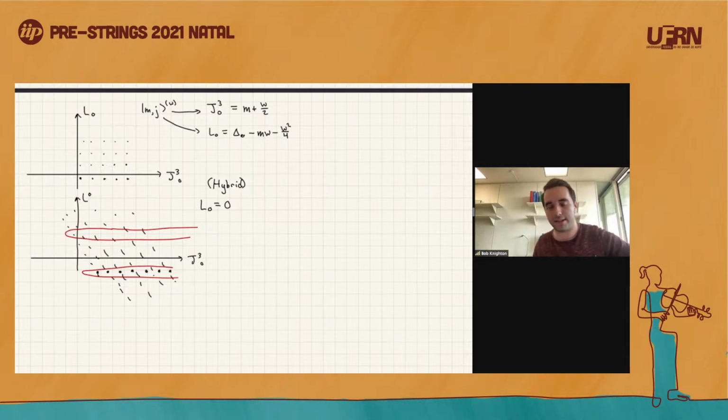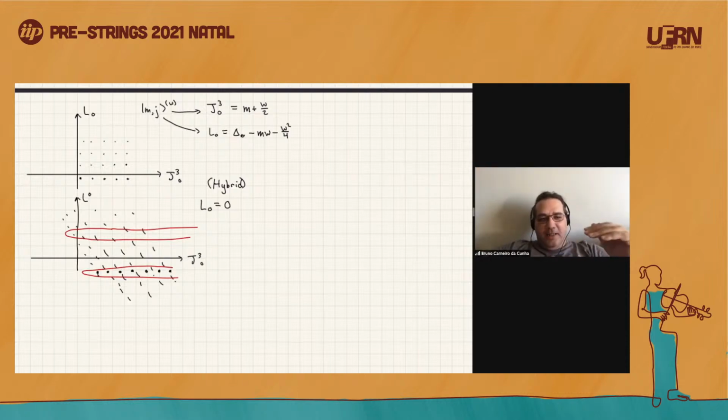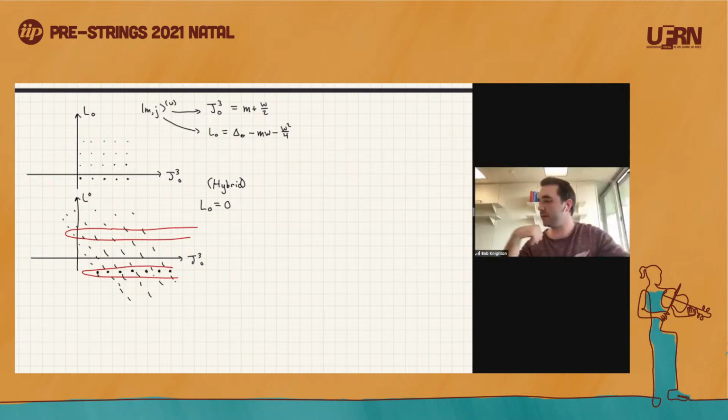Does that answer your question? Yeah, I guess if you try to construct some descendant of these negative L0 states, will they also be projected out by the physical condition? I believe it depends on what's going on in the T4.